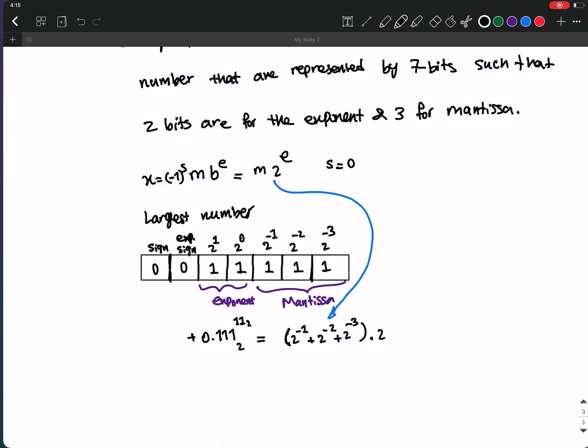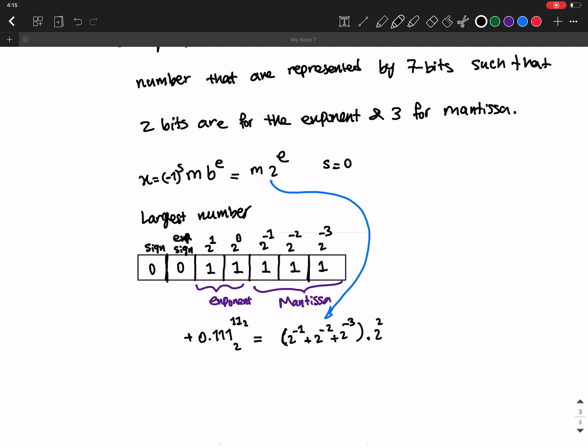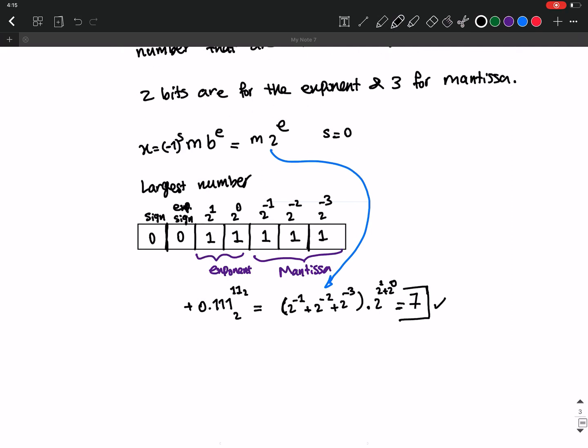The exponent is gonna be 2 to the power 1 plus 2 to the power 0, which is 3. If you calculate it, it's gonna be 7. So 7 is the largest number that you can represent this way.